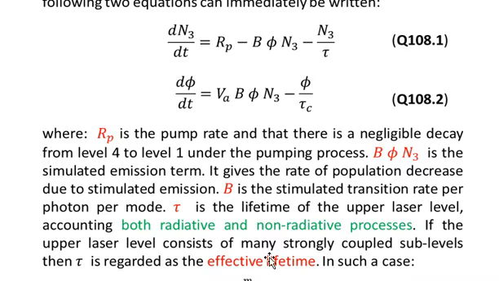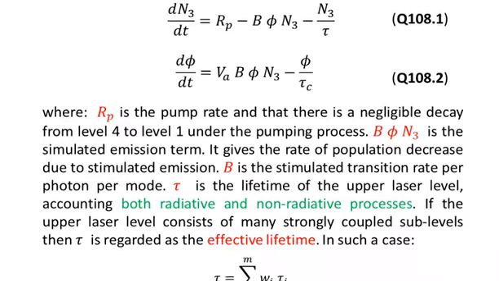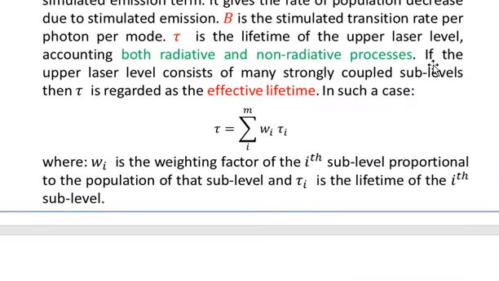If the upper laser level consists of many strongly coupled sublevels, then tau is regarded as the effective lifetime. In such a case, we can represent tau as the summation of all the lifetimes multiplied by appropriate weighting factors.